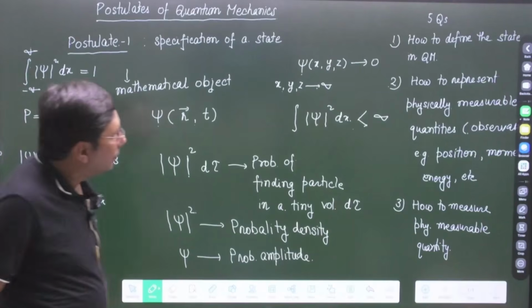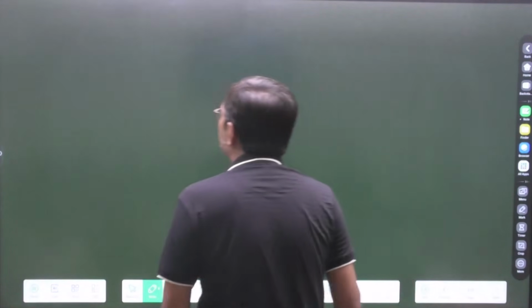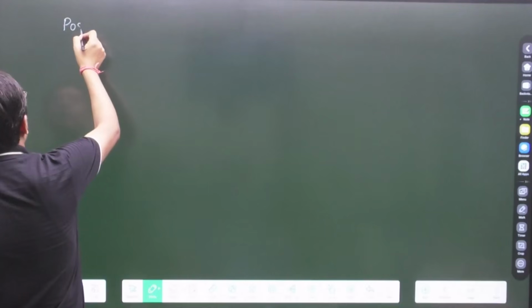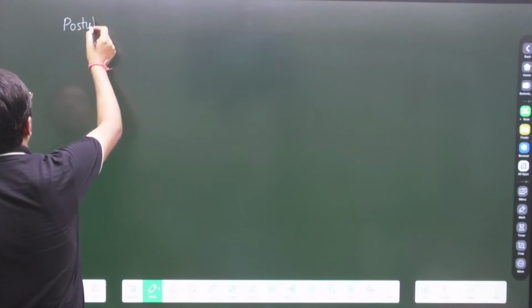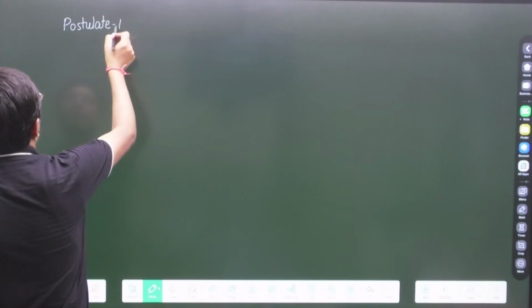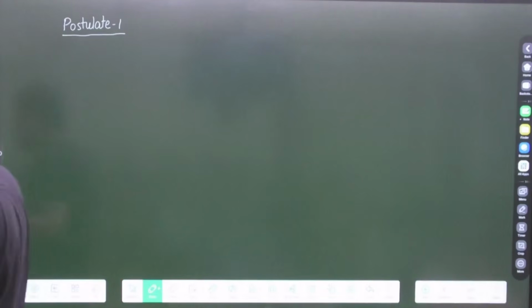Now you can start writing. Postulate 1. Some people also write this as the statistical interpretation of the wave function. Please write.